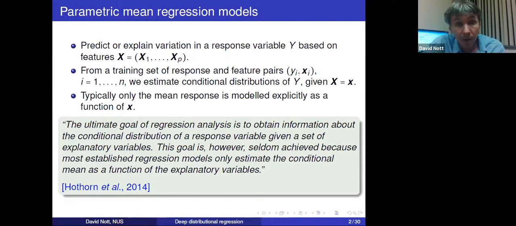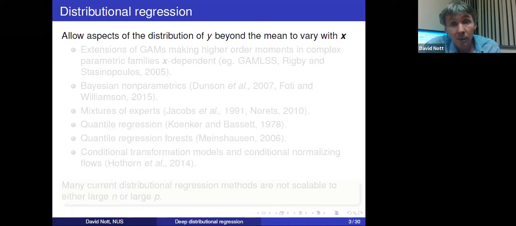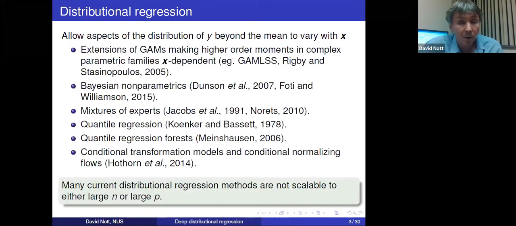So the goal of distributional regression is to allow aspects of the response distribution beyond the mean to vary with covariates. There are a lot of different methods for distributional regression in the literature. Let me just mention a few. There are extensions of generalized additive models to more complex parametric families, where you model higher order moments as being dependent on the features through an additive predictor.